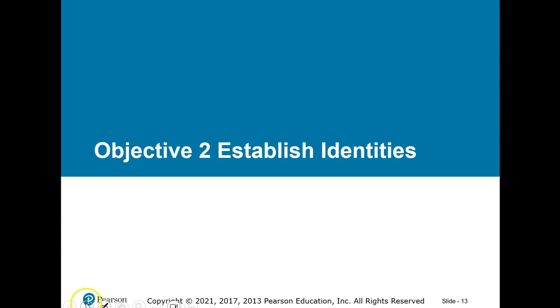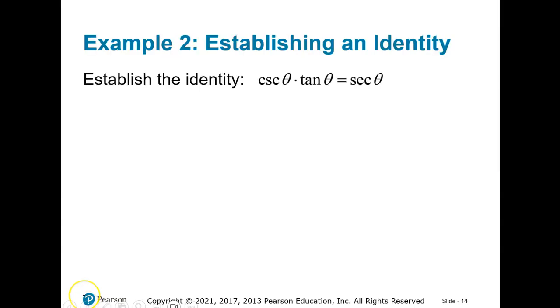Okay, now we need to be able to do that to establish identities. So when I'm establishing an identity, one of the things you cannot do is multiply both sides of an equation by the same thing. The strategy that you see to use here is to change everything in terms of sine and cosine, which is a very wise choice.